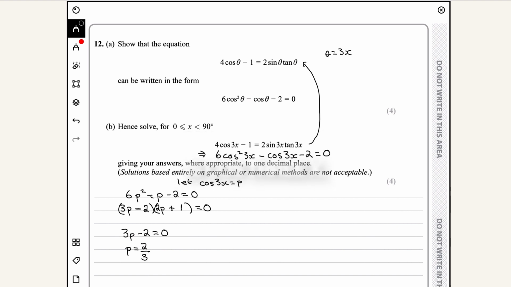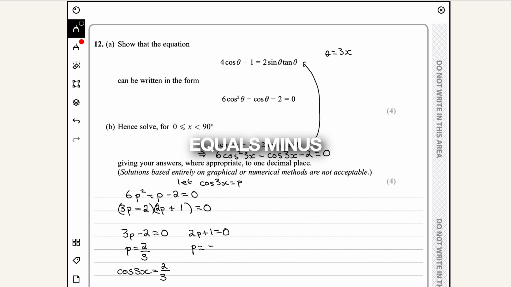And remember, p is cos 3x, so here cos 3x equals 2/3. And likewise, I can do the same with this. 2p plus 1 will equal 0. So it's one of these two solutions here, one of them 0. So I would end up with p equals minus 1 over 2, minus a half.